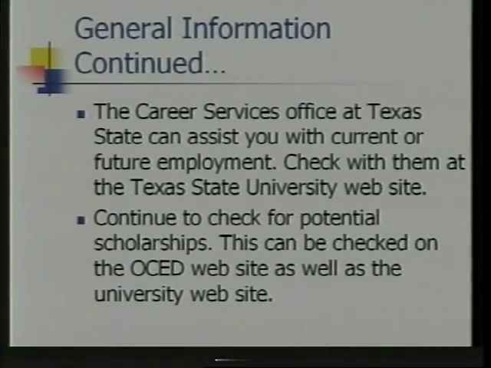Another thing is that as a working adult, you have problems sometimes with funding, unless you're independently rich and running around wealthy here. So we will ask you to donate if you are. So continue to check for potential scholarships. You can check that on the OCED website as well as the university website. Look for scholarships. You say, oh, I don't think I qualify for all that.